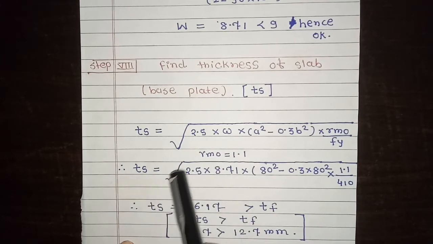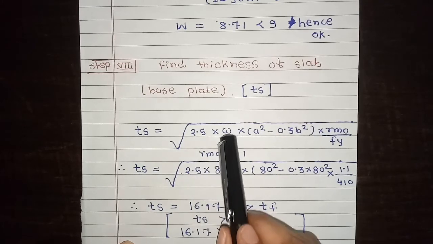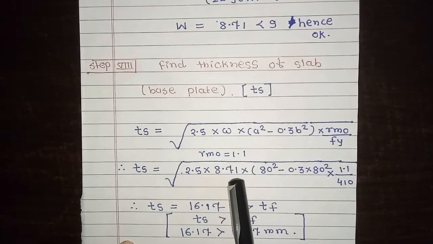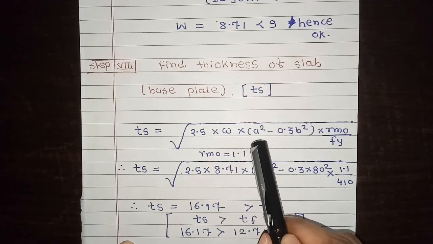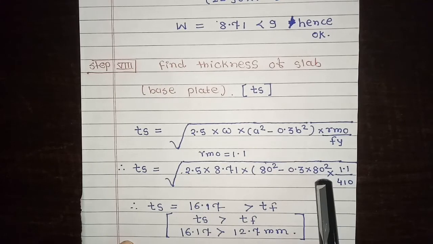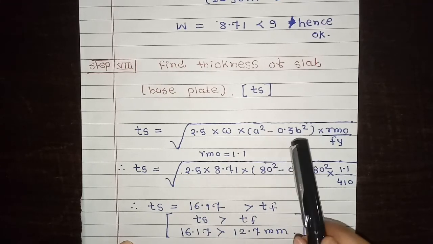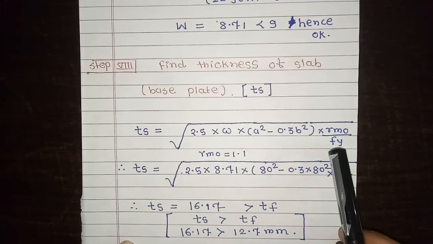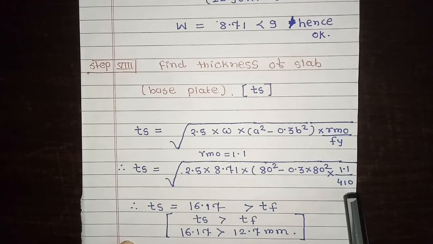So TS is equal to 2.5 into, what is the value of W? W is 8.71, into A, which is 80, and B is also 80. So 0.3 into 80 square, into gamma MO 1.1, and Fy is given 410.